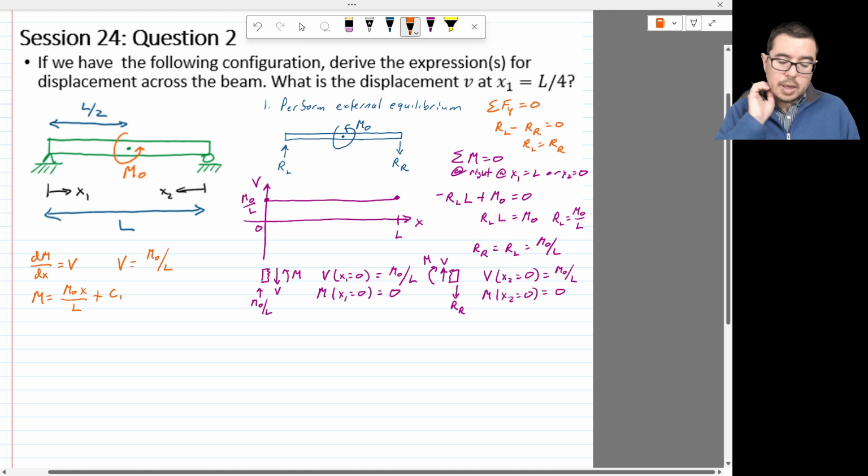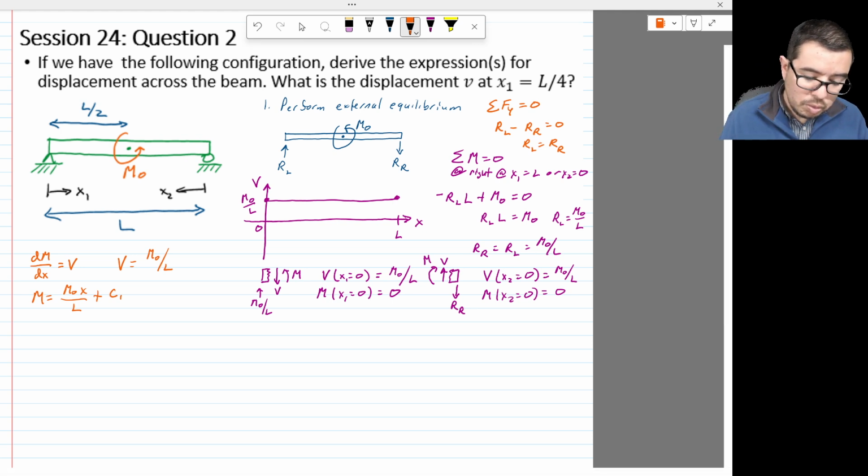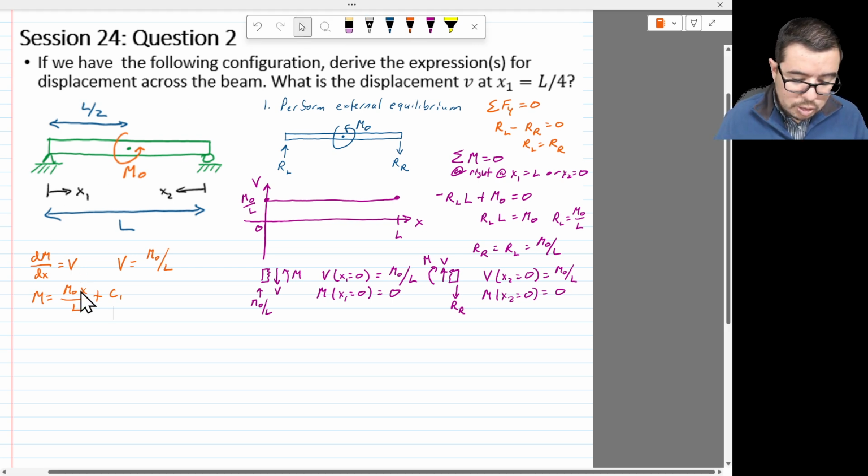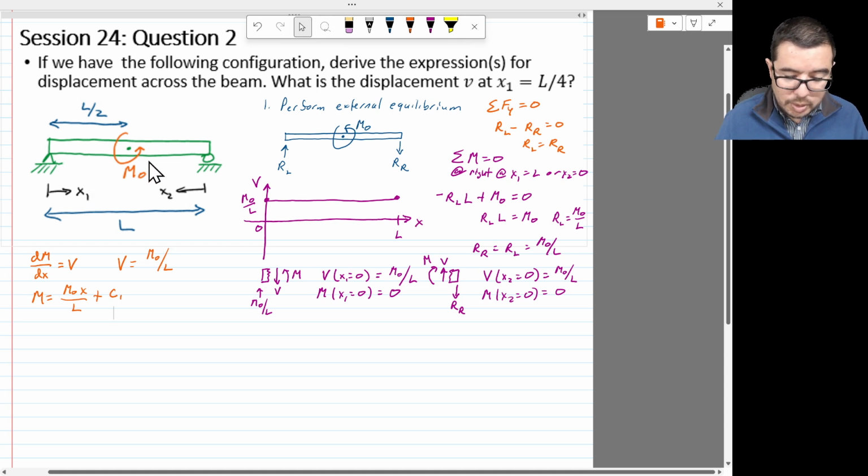Now, it turns out that this is true, and this is a general x, all right? But there's an interesting thing happening here. We have a coupled moment into the system.